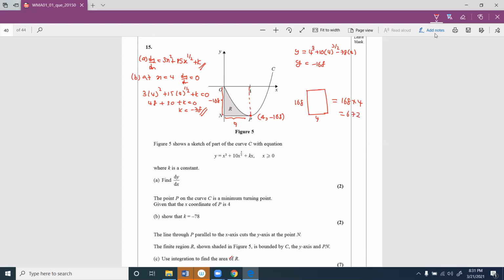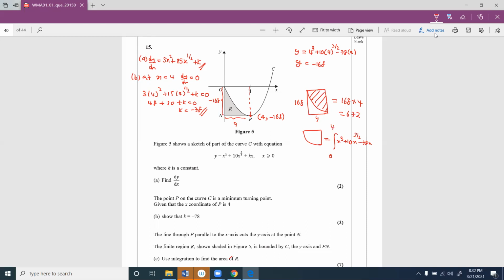Then out of this area, we need to remove this part of it. Then only you get the required area. How do you find this area? This part of the area, you can find by integrating this curve from 0 to 4: the integration of x cubed plus 10 x to the power 3 over 2 minus 78 x.